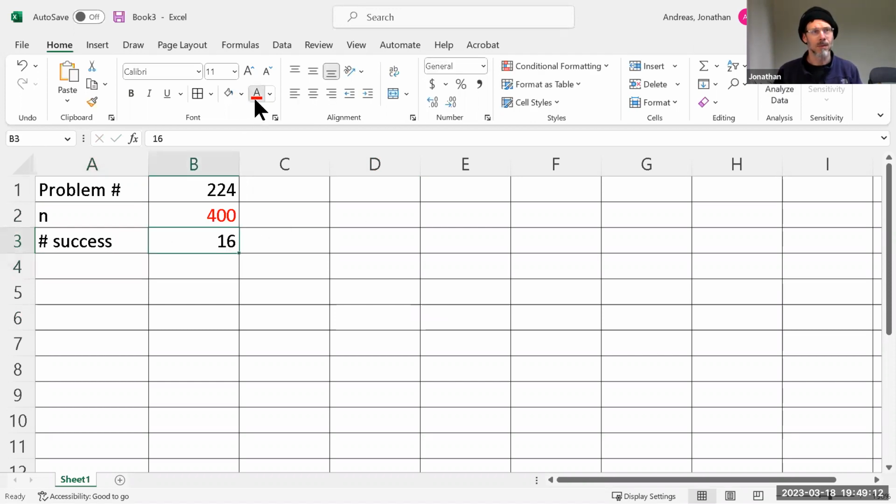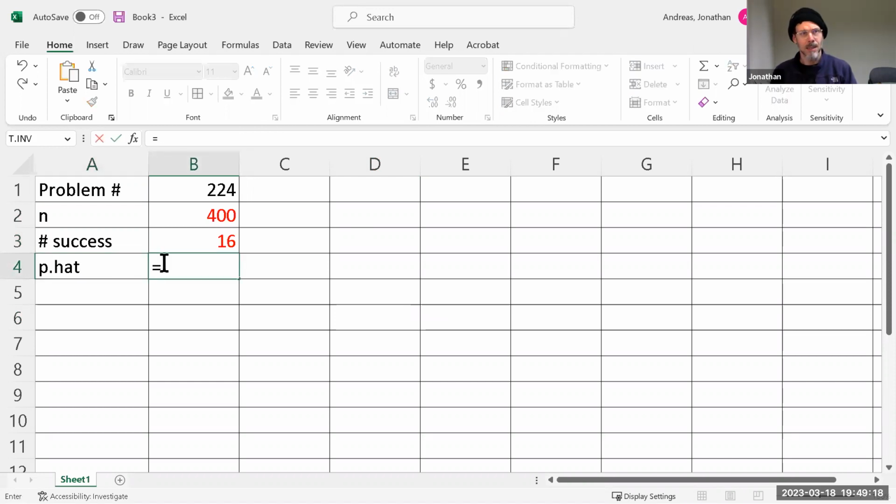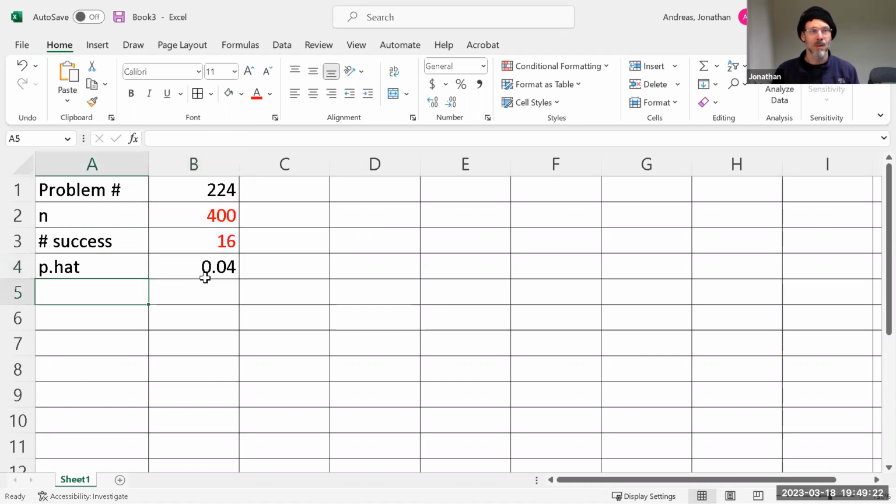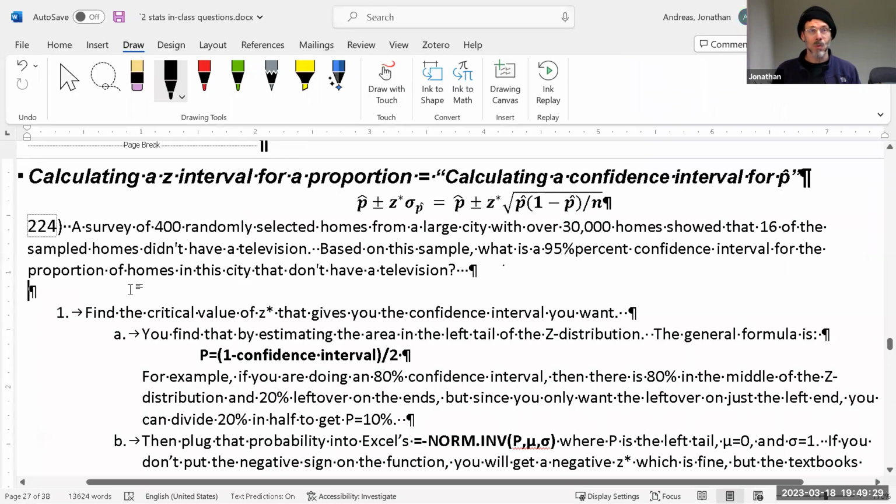And I'm going to make that red too, because it's an input. And so p hat, the proportion in our sample, is equal to the successes divided by the sample size. So that's 4%, and I'll change it to a percentage. Okay, so now we've got p hat.